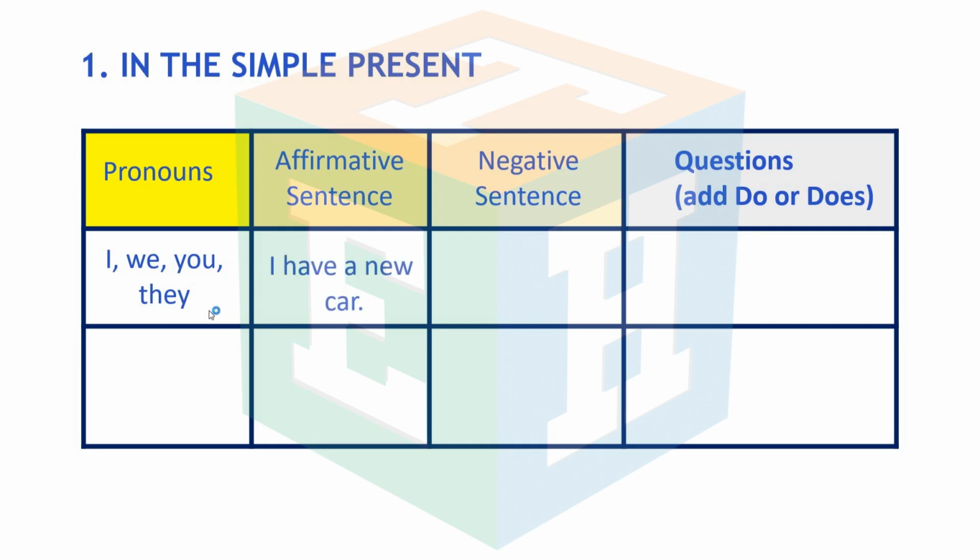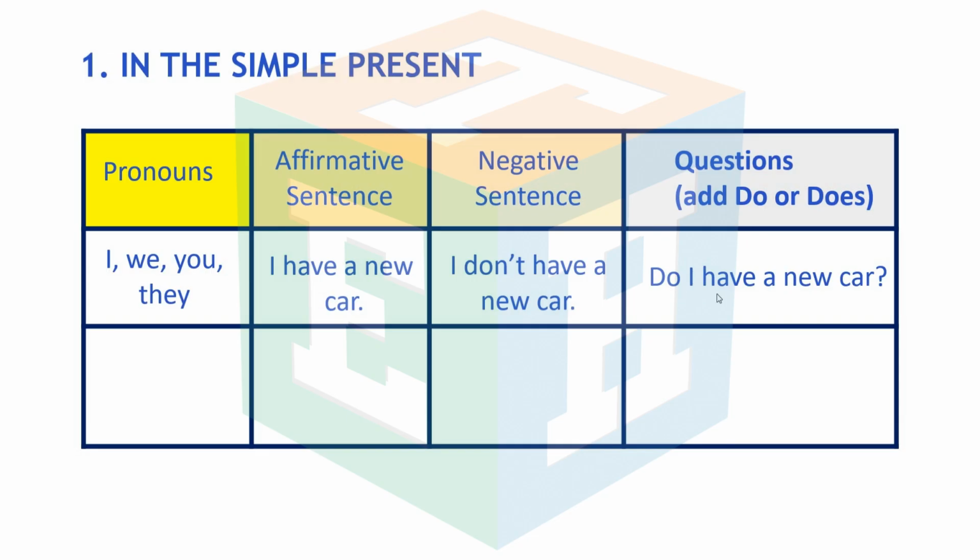Affirmative sentence, I have a new car. Negative sentence, we have to add do after the subject and followed by not or an apostrophe T to make it a negative sentence. I don't have a new car. And in questions, do comes first before the subject.